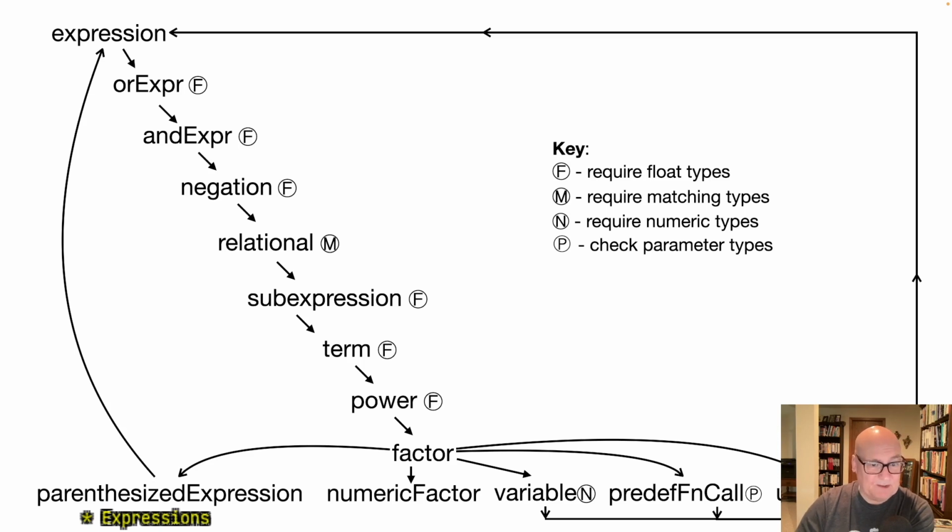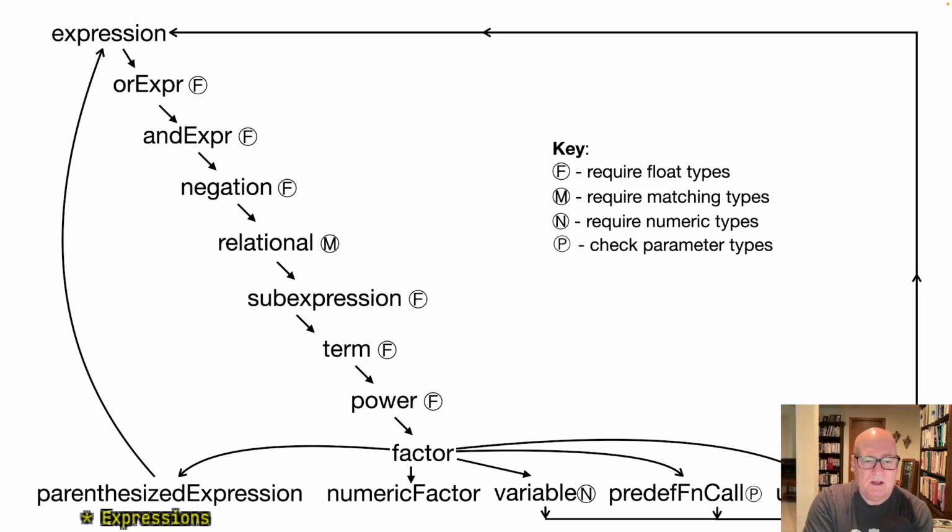Okay, so if you look at the other possibilities for a factor, it could be a numeric factor, fine. It could be a variable, but variable also covers the case of an array access, in which case its dimensions can be expressions. Okay, so variable references expressions. Predefined function has arguments, which are expressions, and user-defined function call has arguments, which are expressions.